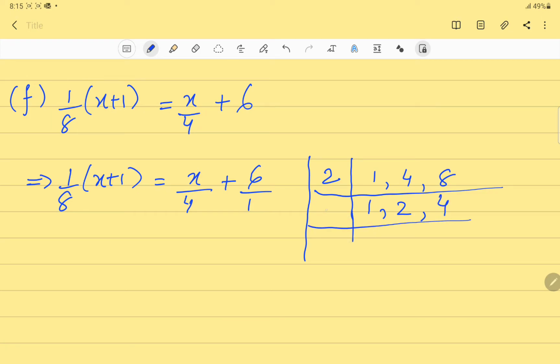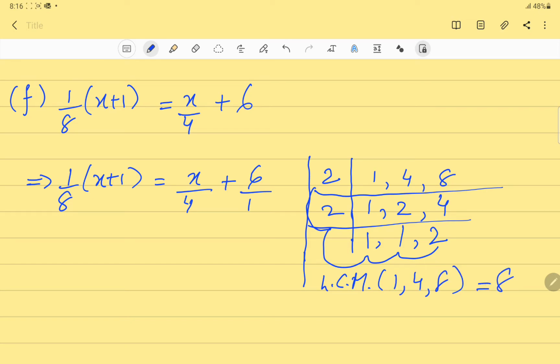Still it is divisible by 2. So 2 1s are 2 and 2 2s are 4. Now no further division is possible, so we will multiply all these numbers. 2 into 1 is 2, 2 into 1 again 2, 2 multiplied by 2 is 4, 4 multiplied by 2 is 8. So LCM of 1, 4 and 8 is equal to 8.